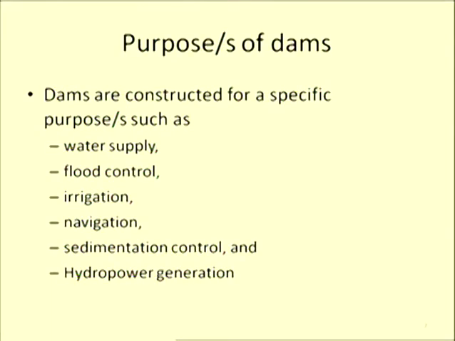Many a time hydropower could be the sole objective if these dams are small dams with a single purpose, or where power generation is not that high, a few megawatts. In that case, we call them micro hydropower plants. So what we see is that in the list of purposes, a dam could be a single purpose dam, or out of the list on the screen, a dam could be constructed for more than one purpose.